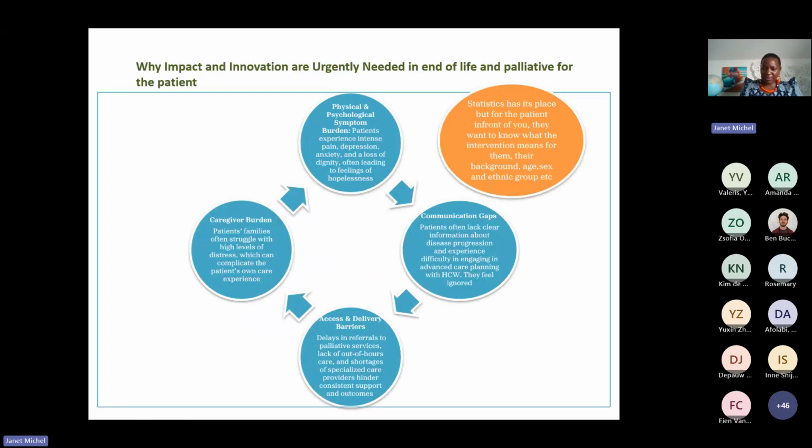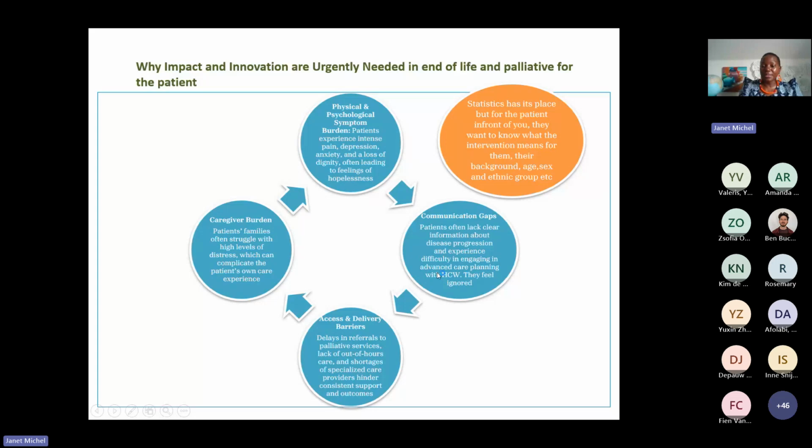It's also important to say there's need for impact in end of life and palliative care because there are physical and psychological symptoms that the patients suffer from, a high burden, which often brings feelings of hopelessness and depression. So we want to identify interventions that help with this. There are also communication gaps, and patients really feel then ignored or not involved.